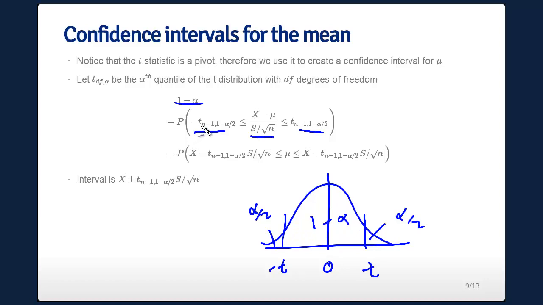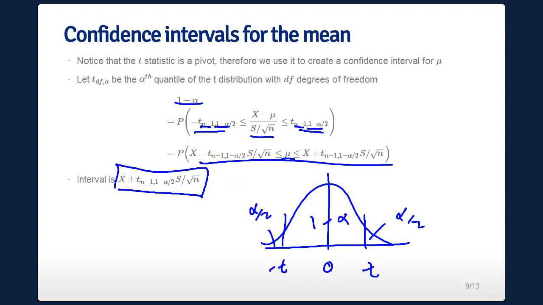This is a lot of extra notation, just saying it's n minus 1 degrees of freedom for the negative one and for the positive one. And then if we manipulate this equation, we get that mu lies between these guys with probability 1 minus alpha, so we call that the 1 minus alpha times 100% confidence interval for mu.